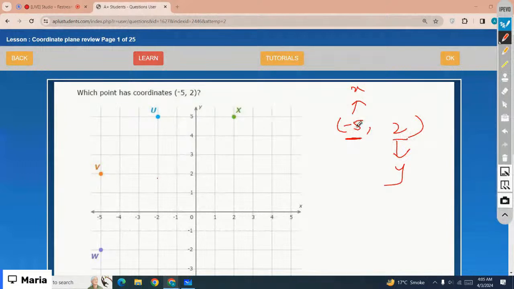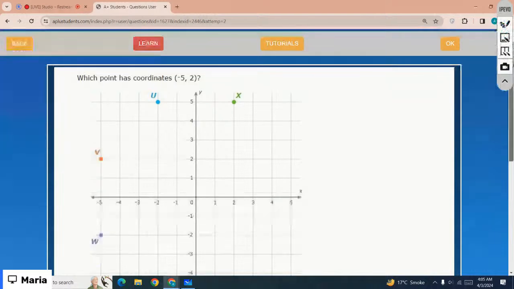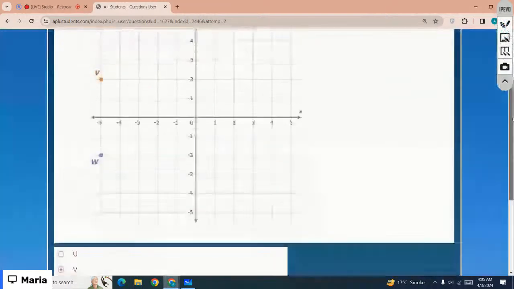Here x is -5 and y is 2. Got it? That means V is the point that has the coordinates -5 and 2. The correct option is V.